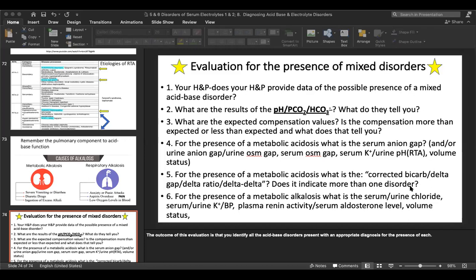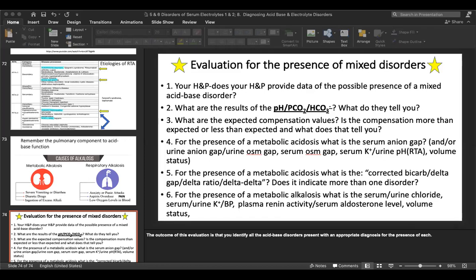This is a 2-part question. So when am I going to calculate a urine anion gap? Is our first question. And then if it's positive, what is it going to distinguish?